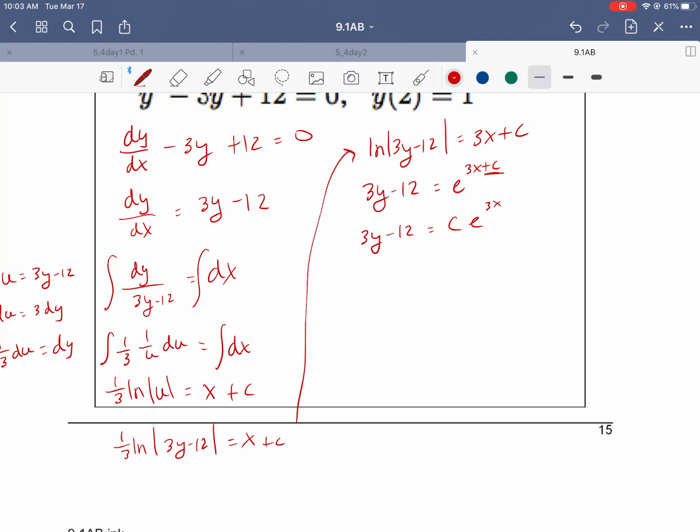Because ultimately, it's addition, and it's like saying e to the 3x times e to the c. And then when we apply an ln, it ends up just becoming the constant.